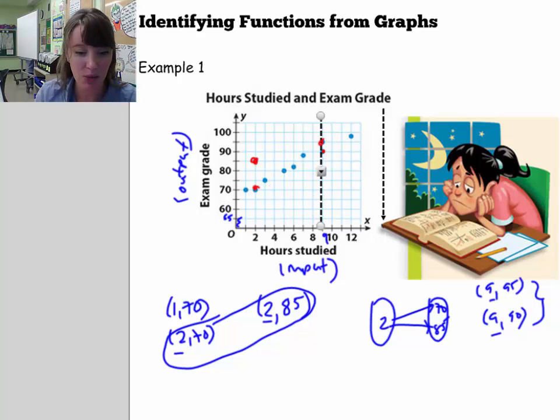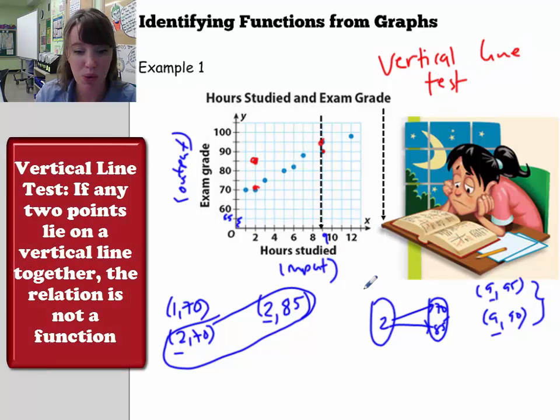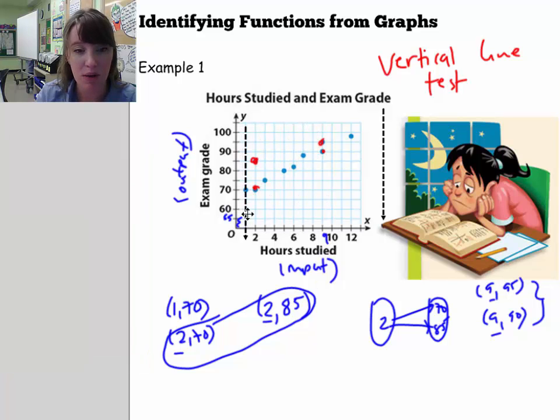Okay, this is actually what we call the vertical line test. What we do is we take a vertical line and bring it across the points that are part of the relation and see if at any point 2 points are collinear with this vertical line.